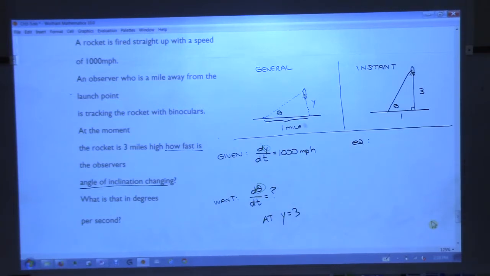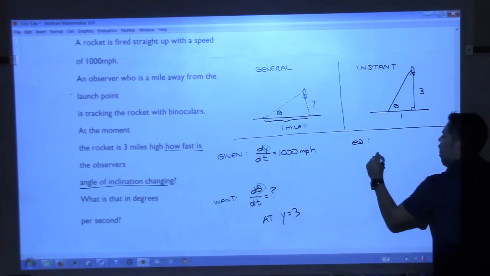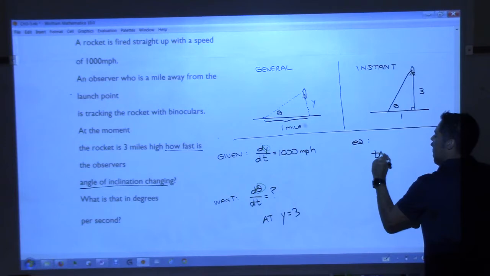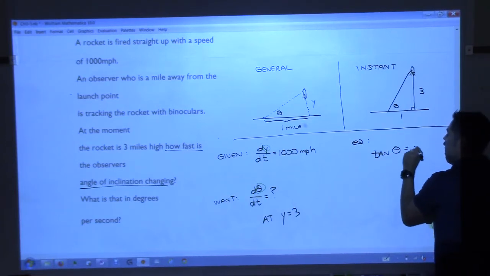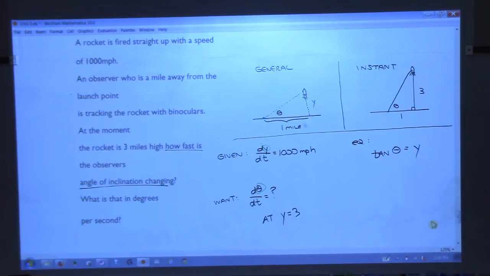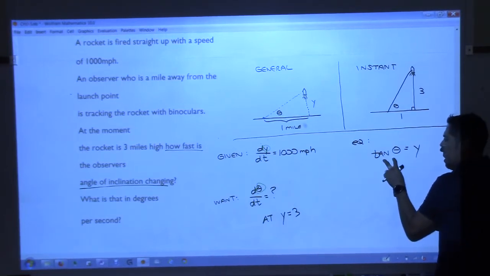Tangent of theta, right? What is tangent of theta according to that picture? It's y, isn't it? And now we could take the derivative of this with respect to time. Couldn't we? So let's try it. What would happen if I take the derivative of tangent theta?